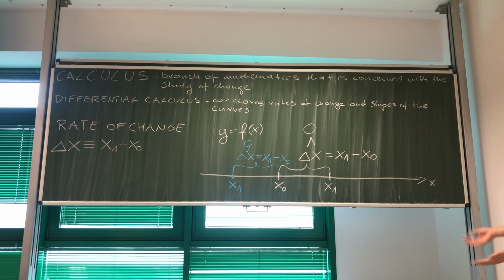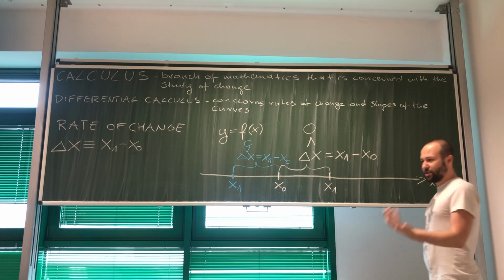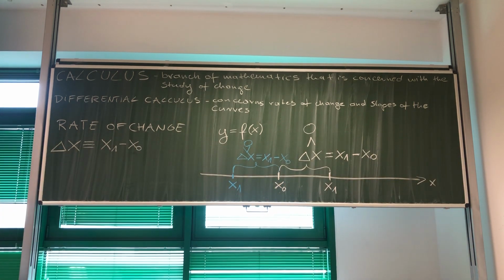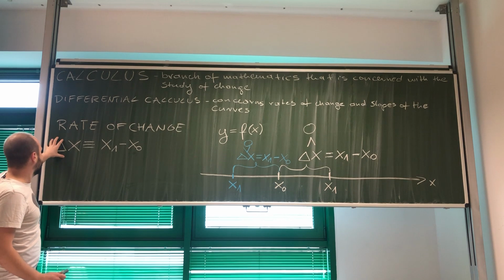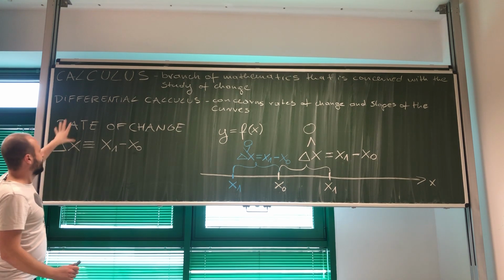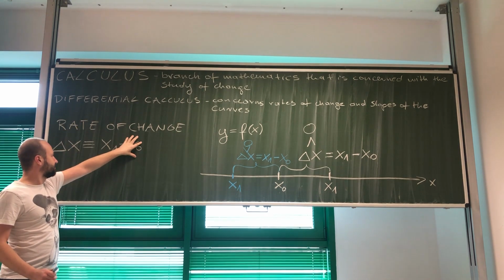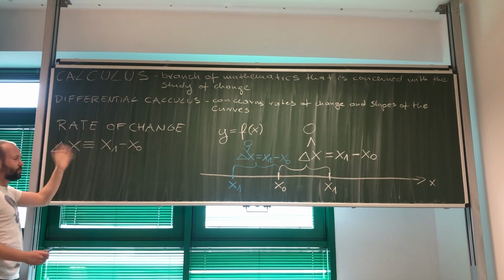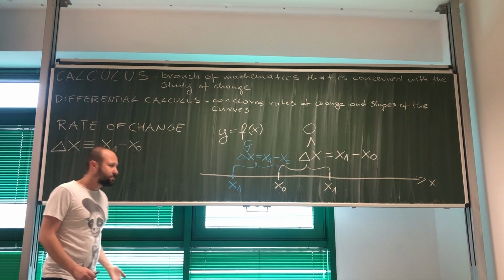And I think this explains in much detail the entire idea of delta x. So generally, delta will denote change from some point x0 to some other point x1, but of course it can be for other variables, y, z, it doesn't matter.